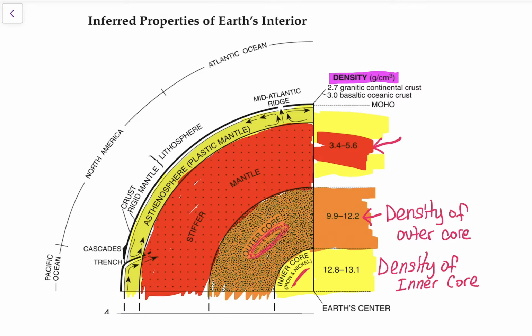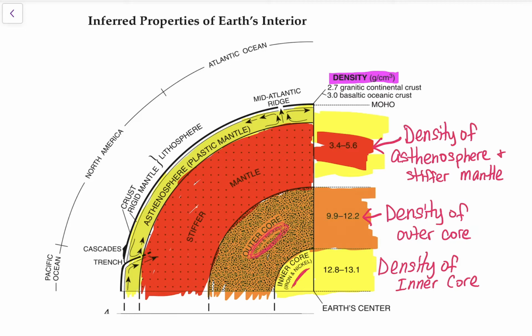It's 3.4 to 5.6. Okay, there are a few other things I want to point out on our chart before we end for today.